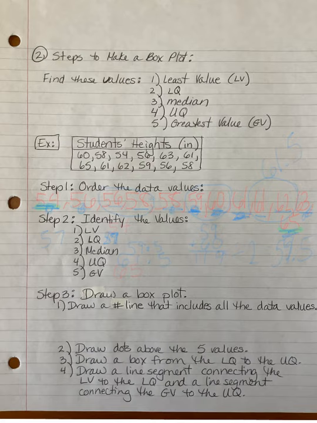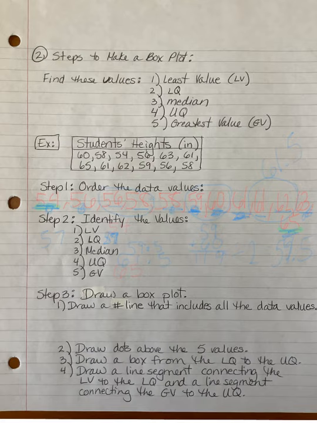And if you have an even number, then like in this case, 59 and 60, you take the 59 and use it for the lower half, and you take the 60 and use it for the upper half. But if you have an odd number, let's say the middle number was by itself and it was just the median, then you would just use that in both halves to do the counting back and forth.